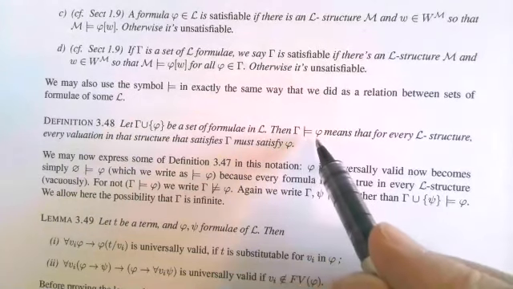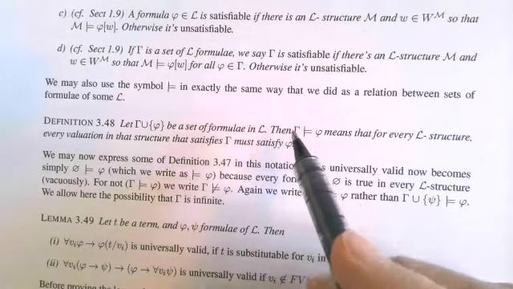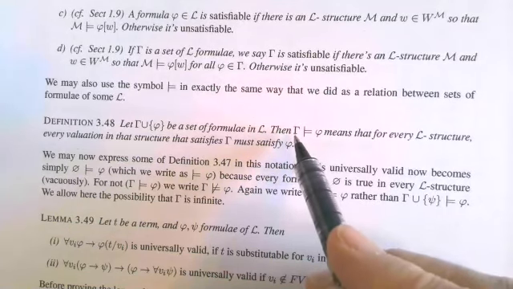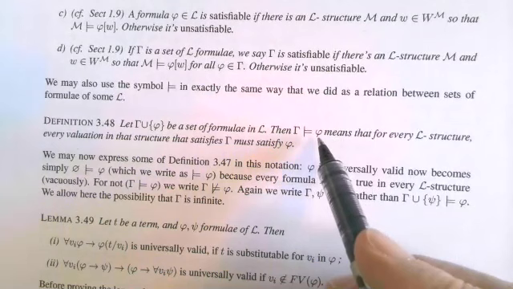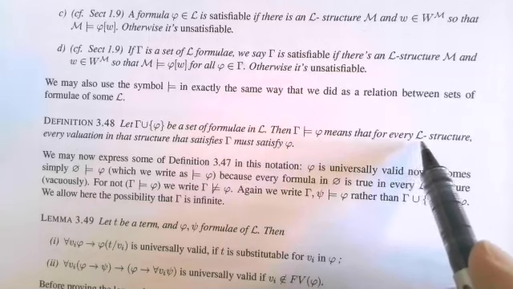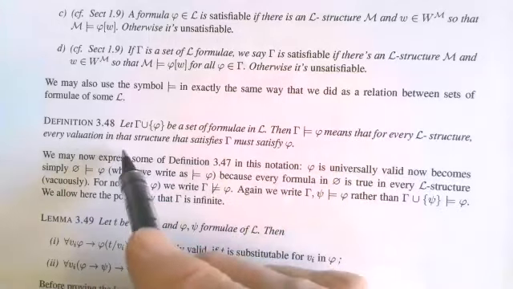So what this is going to mean is any structure and valuation, if it makes gamma come true, it must make phi come out true. Right? So it's quantifying over all possible structures and valuations.